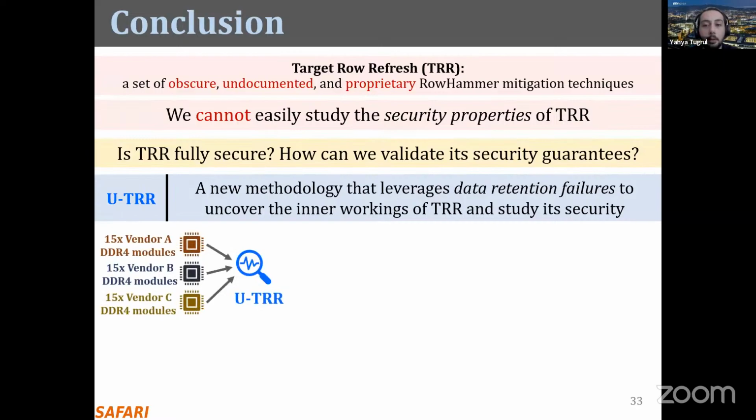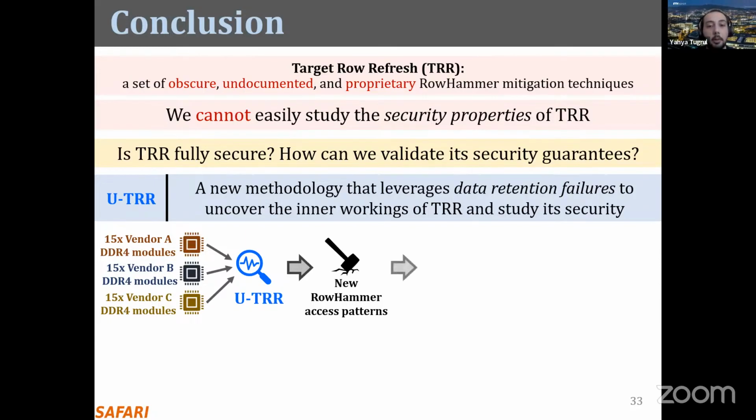Through these analyses, we make several observations. Using U-TRR, we tested 15 modules from each of the three major DRAM vendors. And through this analysis, we make several observations about the TRR mechanisms they implement. Using the observations, we crafted new RowHammer access patterns.